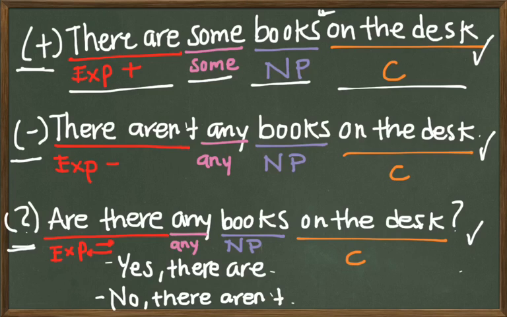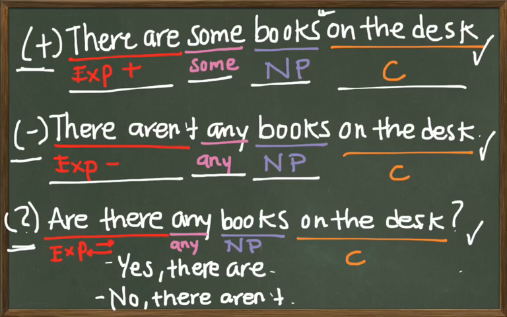Our negative form is there aren't any books on the desk. And we have our expression in negative. As you can see, we don't use some, we're going to use the expression any. We have again our noun in plural, books, and the complement we mentioned before, on the desk.